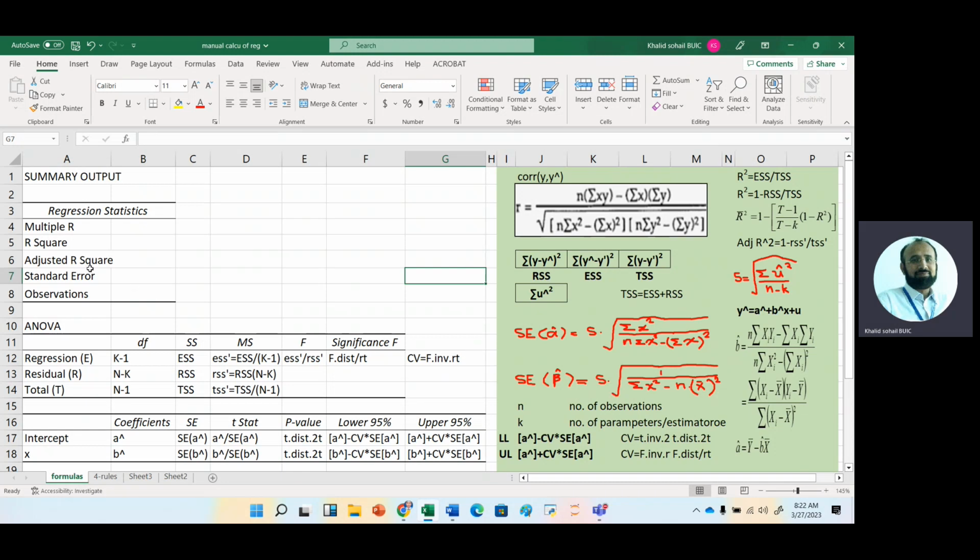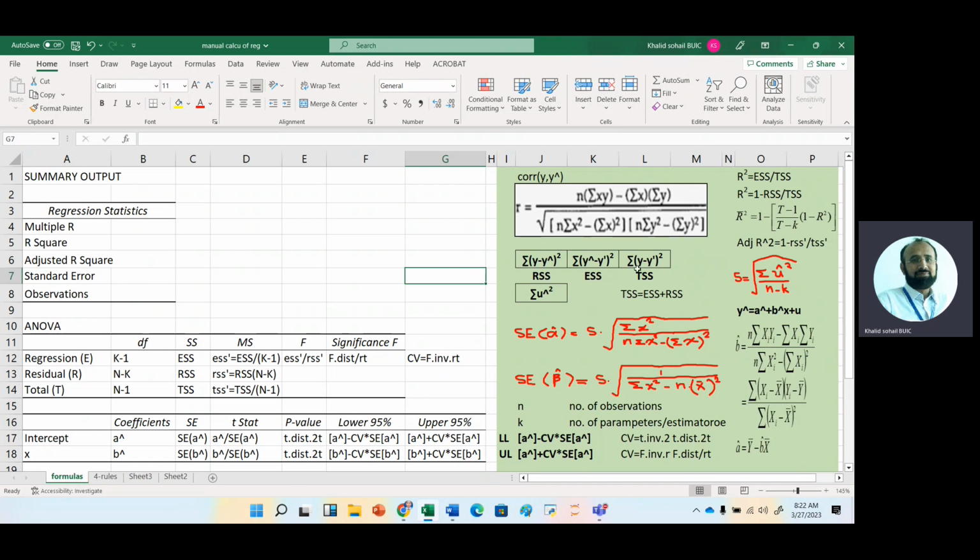Now here in adjusted R square, we have the formula I have already explained. In R square we have 1 minus RSS over TSS, or ESS divided by TSS. In adjusted R square we have 1 minus (n minus 1) over (n minus k), multiplied by (1 minus R square) that we are getting from here.